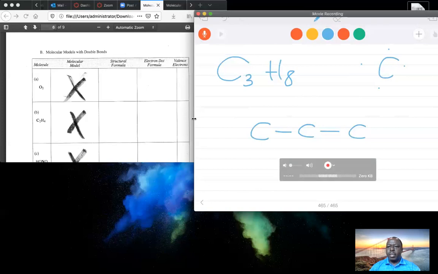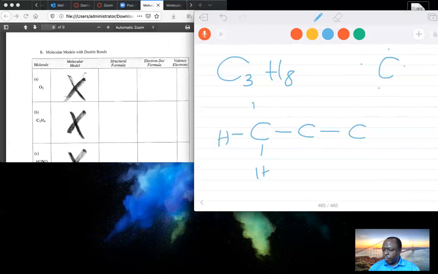Which means it can form a maximum of 4 covalent bonds, 1, 2, 3, 4. And the way it is right now, the first carbon needs 3 hydrogens, so I'm just gonna put 3 hydrogens there to make 4. Then this one needs 2 more, and this one needs 3 more.